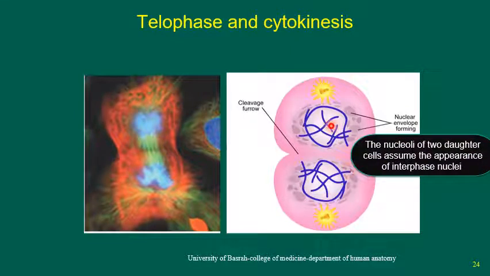The nucleoli of the two daughter cells assume the appearance of interphase nuclei from the nucleolus organizing regions. أيضا النيوكليولاي أو النويات تبدأ بالتكون من جديد في هذا الطور من منطقة تسمى بالنيوكليولس organizing.